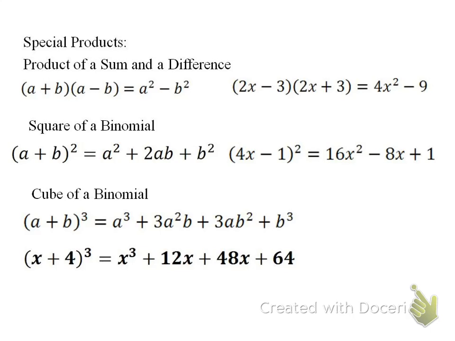Because you'd square the x, so that would be x squared. The next one you'd have 3 times a, so 3 times x times b squared, so 3 times x times 16 gives you 48x. And then 4 to the third gives you 64. So sorry about that, just missing a squared.